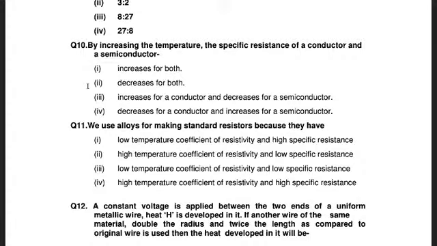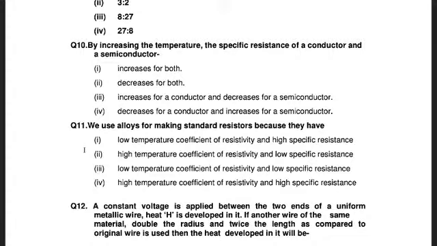Question number 11. We use alloys for making standard resistors because they have: option 1, low temperature coefficient of resistivity and high specific resistance; 2, high temperature coefficient of resistivity and low specific resistance; 3, low temperature coefficient of resistivity and low specific resistance; 4, high temperature coefficient of resistivity and high specific resistance.